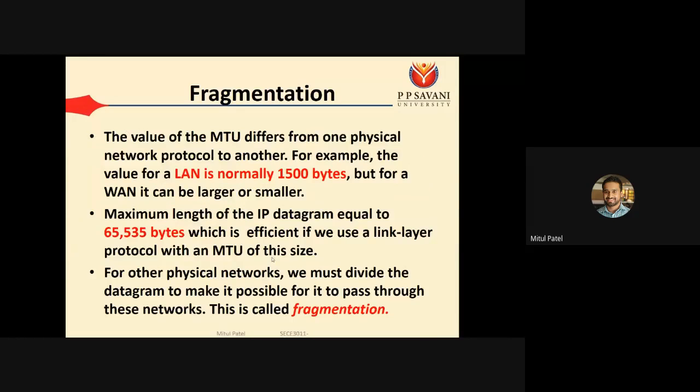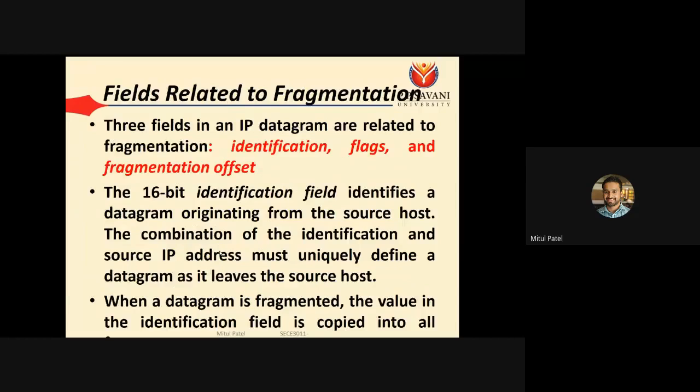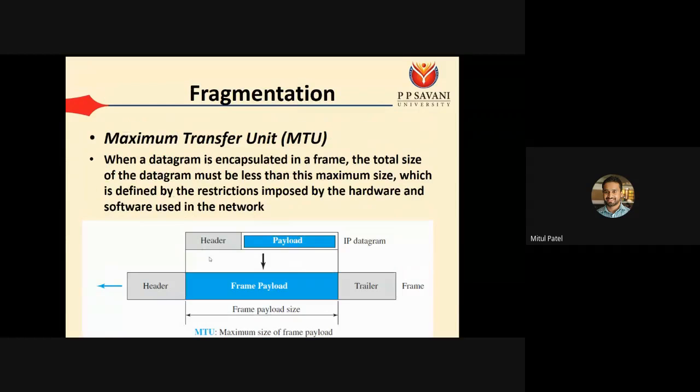So for other physical networks, જો આપણે આટલા જ બાઇટ નું MTU યુઝ કરતા હોય, જો આપણે IP datagram ની સાઇઝ રાખી છે 65535 બાઇટ, ઓકે, અને ફ્રેમ પેલોડ પણ જો આપણે 65535 બાઇટ્સ નો યુઝ કરતા હોય, so it is efficient or we can say it is sufficient.